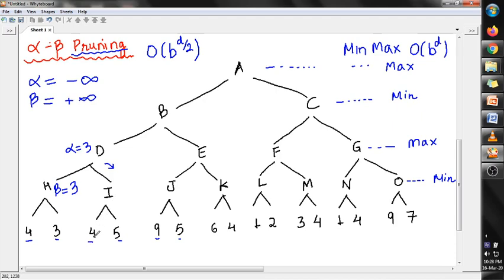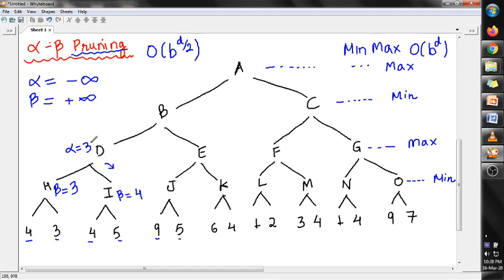The values under node I are 4 and 5, and this is a minimum level. So here the value of node I is beta equals 4. Are we getting this? Now here beta equals 4 and beta equals 3, and D is present at the max level.